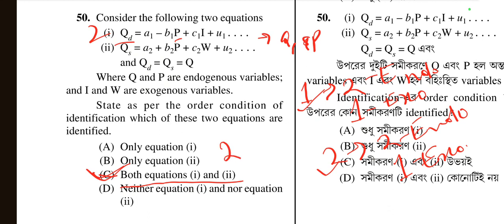Here 2 minus 1 is equal to 1, so we can say it is exactly identified. So as per the order condition of identification, which of these two equations are identified? Both equation 1 and 2 are identified. So option C is the right choice here.